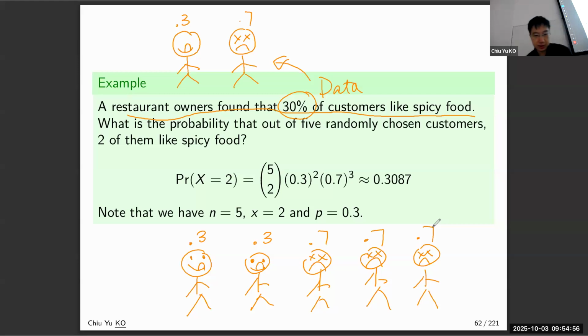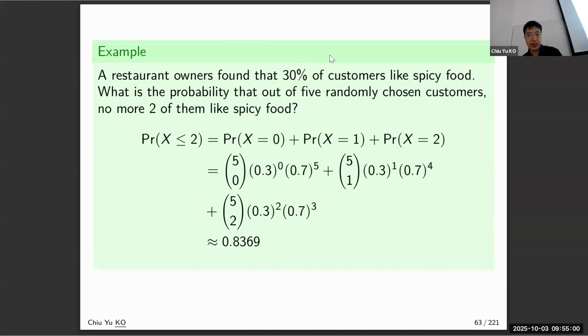Now, let us continue with a little bit more advanced example. The same thing, but now it is no more than 2. Okay? The previous question may not be applied directly, but this has business implication. Why? Imagine you're the owner of the store, and imagine that in your kitchen you have 2 portions of spice.